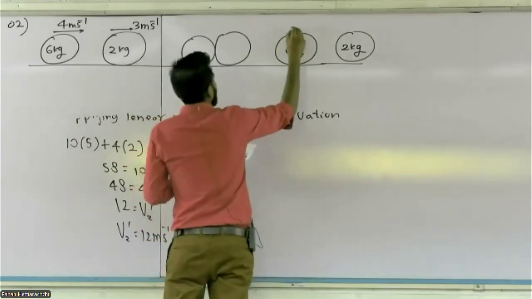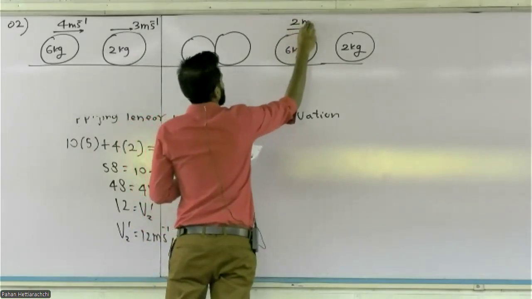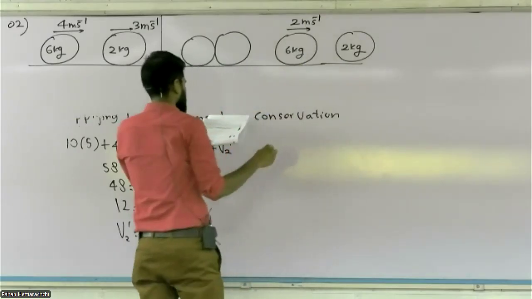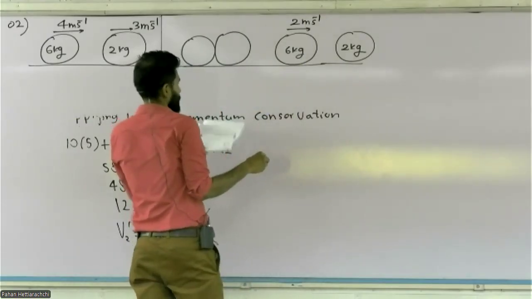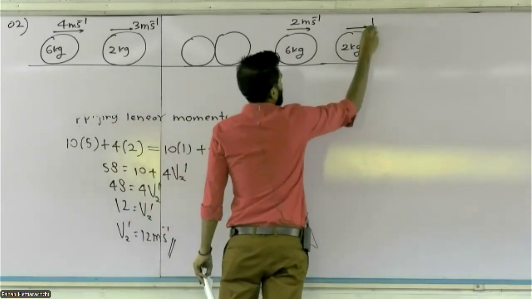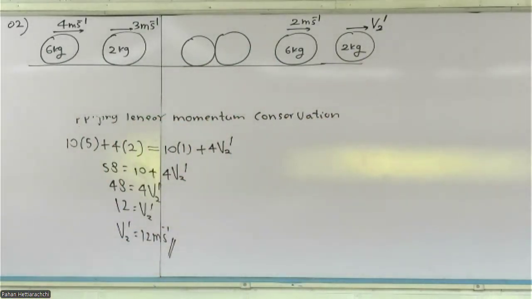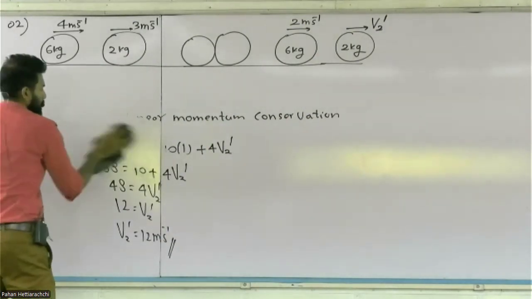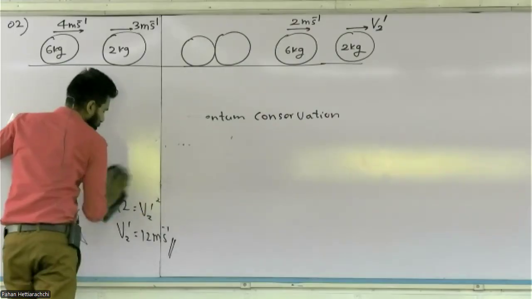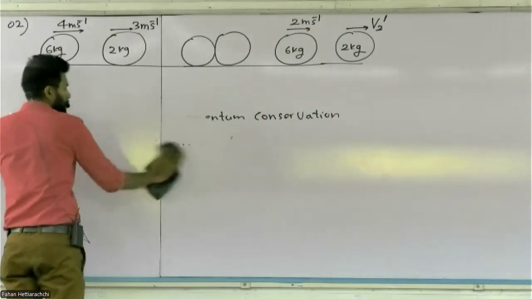Velocity of A will become a value of 2 meters per second, and find the new velocity of B, V2 dash. I can apply the conservation of linear momentum to the horizontal direction, where the normal reactions from the ground are vertical.